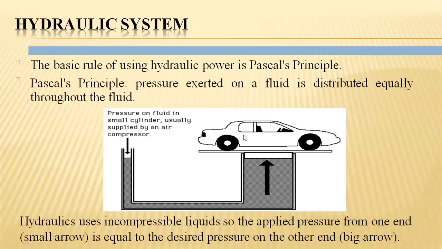For example, this is a car which will be utilized for cleaning purposes. Upon increasing or imparting the pressure, automatically the increase will lift the objects towards the upward direction.